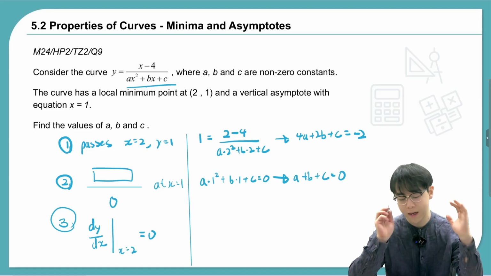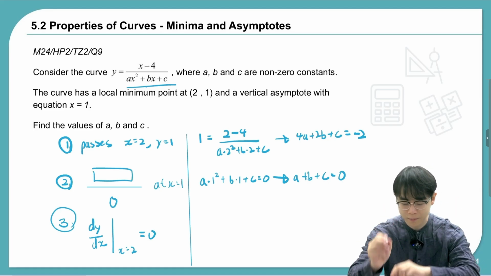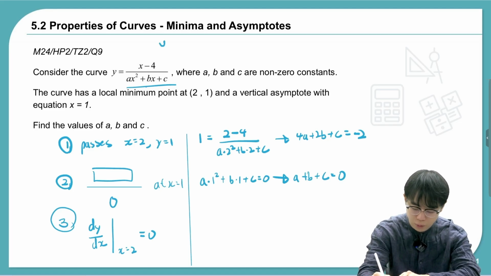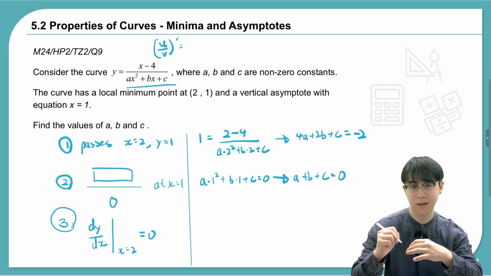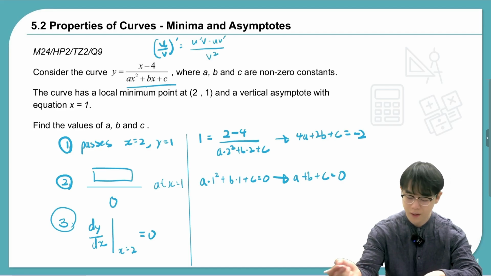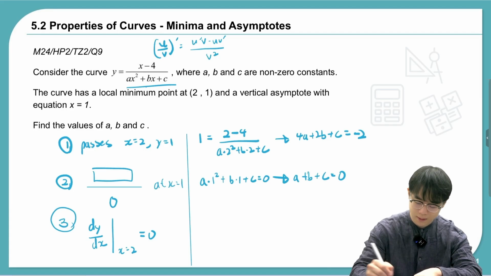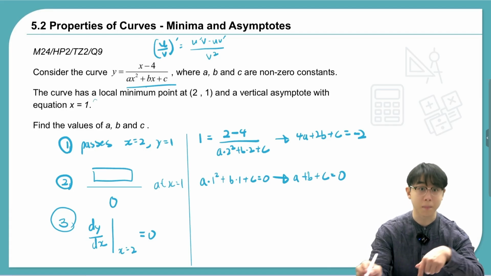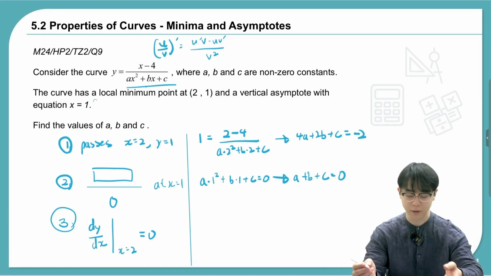Third piece, we're going to take y prime. So we will have to use the quotient rule. Remember, if we have (u over v) prime, that's going to be (u prime v minus u v prime) over v squared. And that's going to be equal to 0 because we have a minimum point, right, after we put in x equals 2.